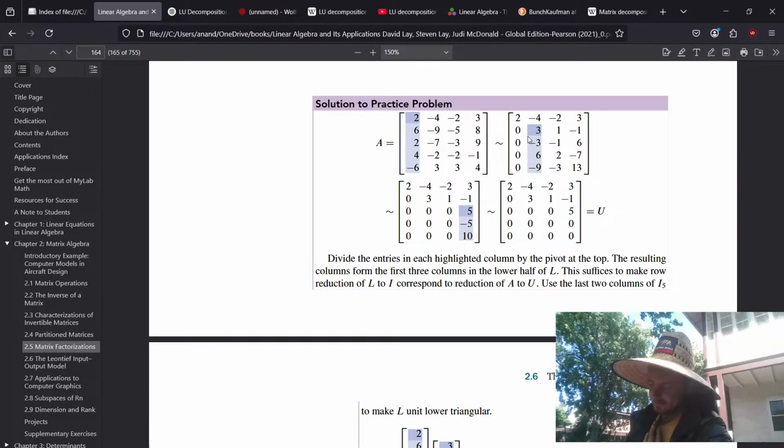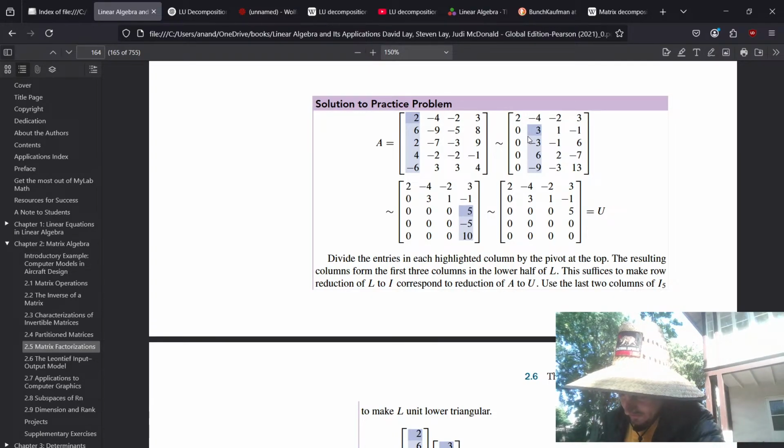The next one is a 2. So it's going to be R4, sorry, R4, which is 4, minus 2, minus 2, minus 1.